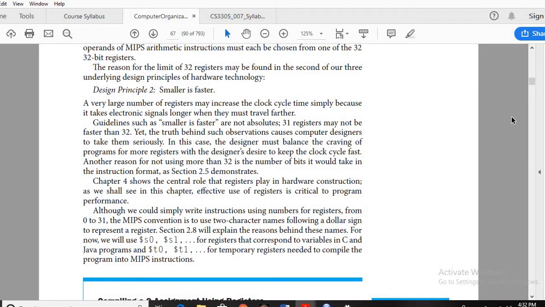For now, we will use $s0, $s1, ... for registers that correspond to variables in C and Java programs, and $t0, $t1, ... for temporary registers needed to compile the program into MIPS architecture.